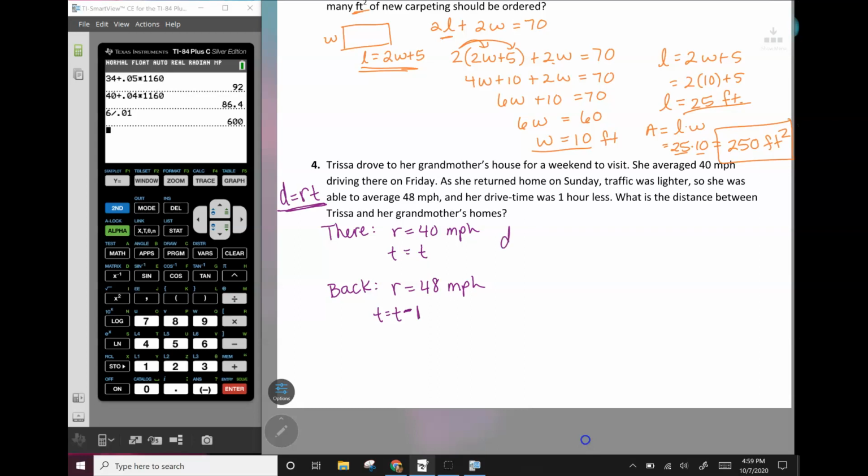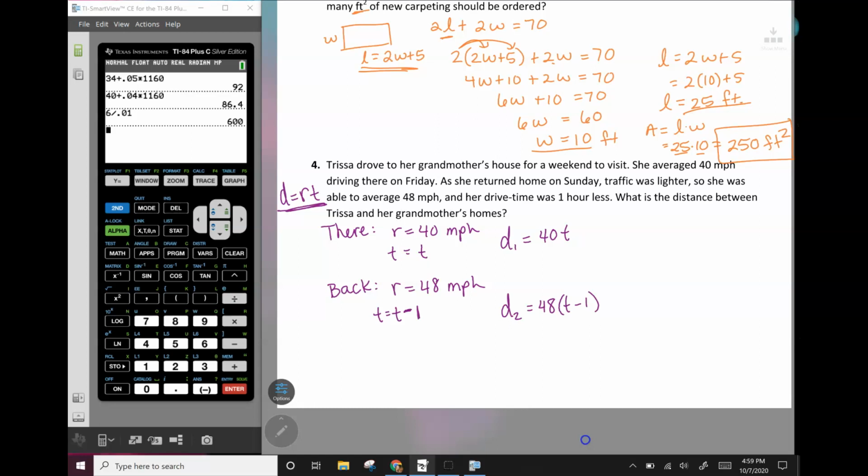So the distance on the way there is going to be 40, your rate, times your time. Your distance on the way back is going to be your rate, 48, times your time, which is T minus 1.